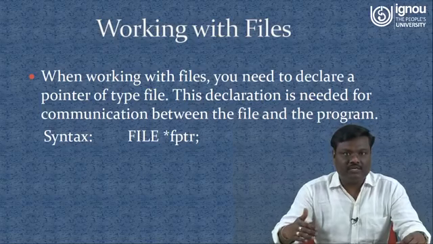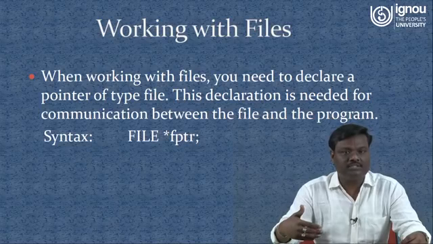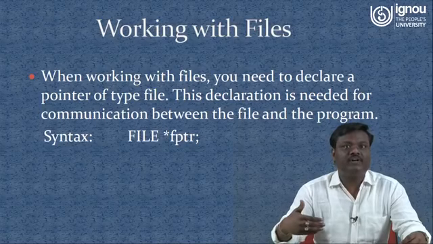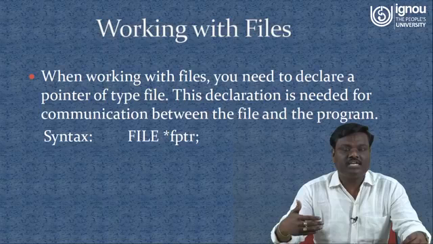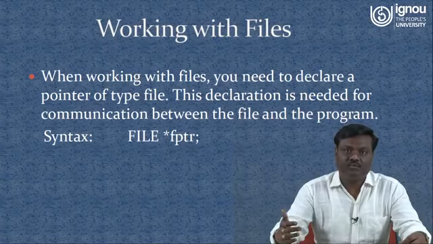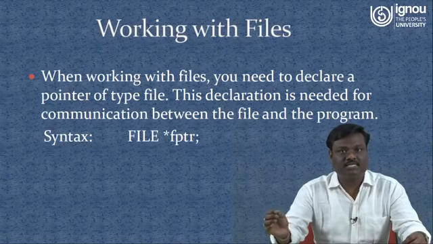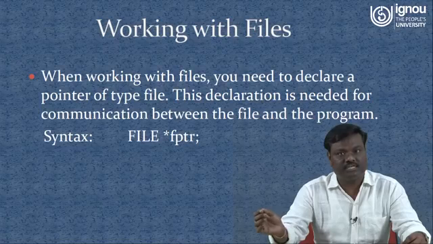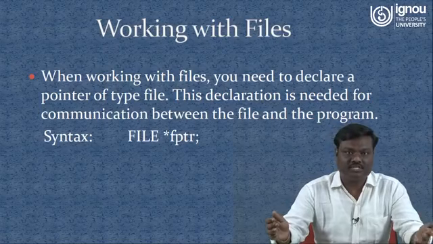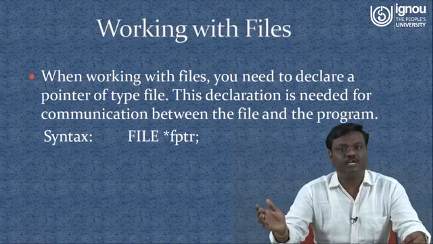As and when you require many files to work with, all those things need to have a file pointer. Suppose if you want to work with 3 files, then you declare 3 file pointer variables: FILE star f1 comma star f2 comma star f3. F1 pointing to the first file, then F2 pointing to the second, as well F3 pointing to the third.